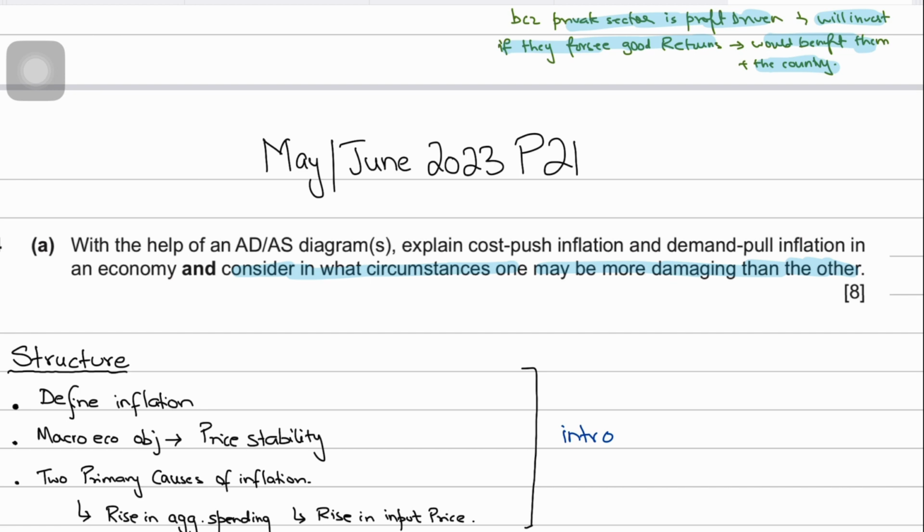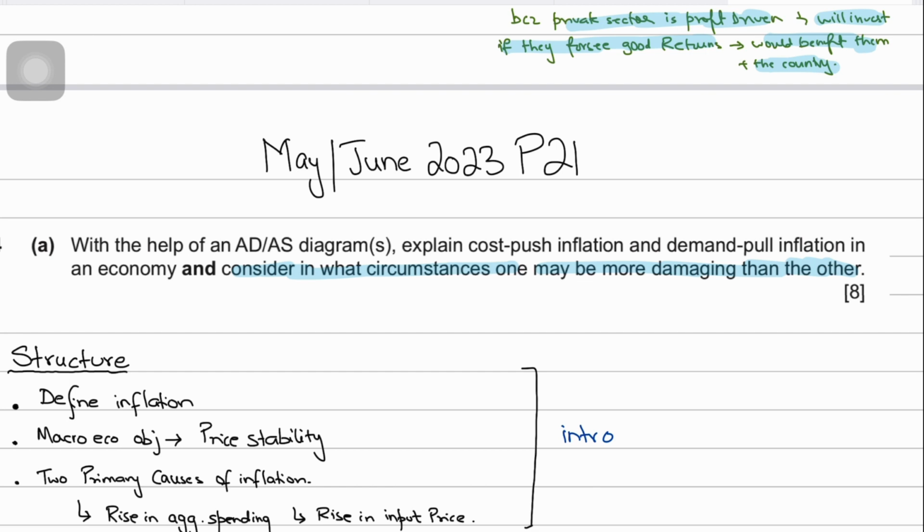Now, a good way to start your answer is not just start off with defining what cost-push and demand-pull is, but instead you start off with what inflation is, and you say that inflation is an increase in the general price level in the economy over a period of time. And then you say that low and stable inflation, which is known as price stability, is a very important or core macroeconomic objective of the government.